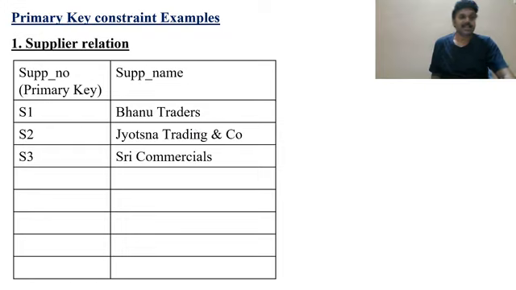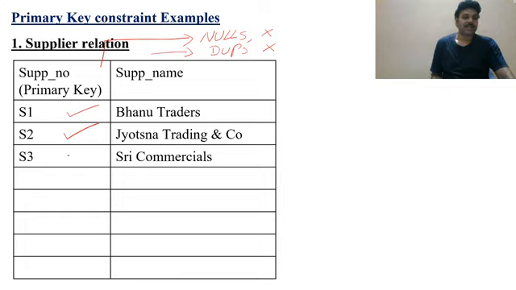Let us see the example. As far as primary key is concerned, I said that you cannot give nulls. I said that you cannot give duplicates. Both are disallowed. So S1 is unique, valid. S2 also unique, valid.